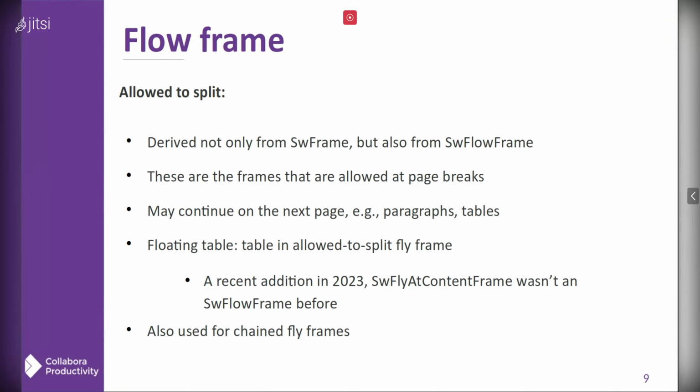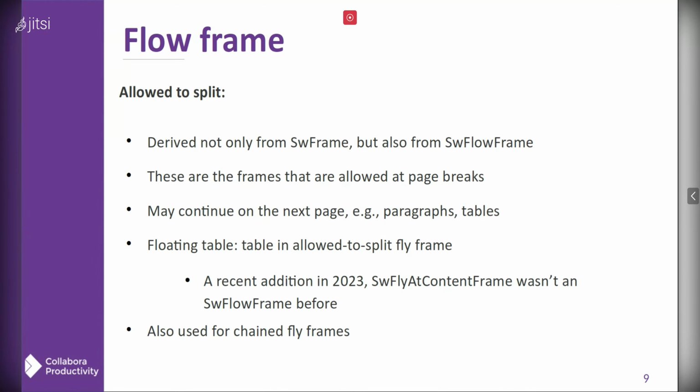Also, relatively recently, at least in Writer code-base terms, the floating tables were implemented also as flow frames. So in the past, in case you had some as-character anchored content, which is this SwAnchoredContentFlyFrame, that was something that you had to anchor to one specific paragraph, and that was it.